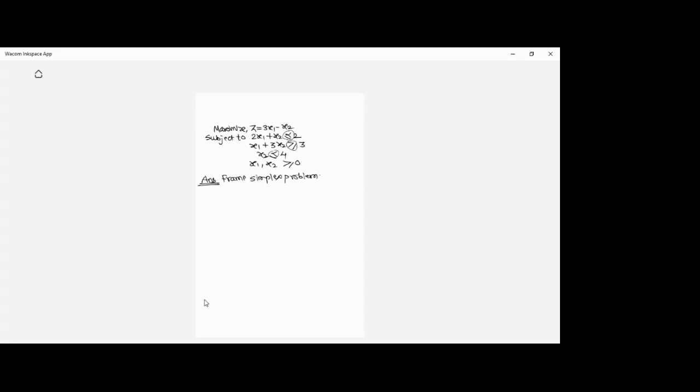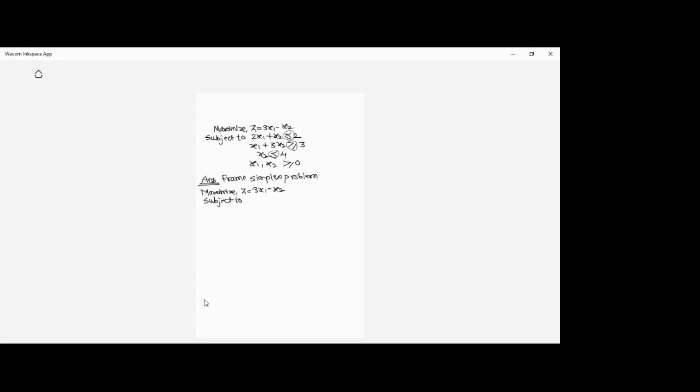So let's start with framing the simplex problem. Here we have maximize z equal to 3x1 minus x2 subject to, and here it is less than or equal to. When there is a less than or equal to sign, what is to be done?